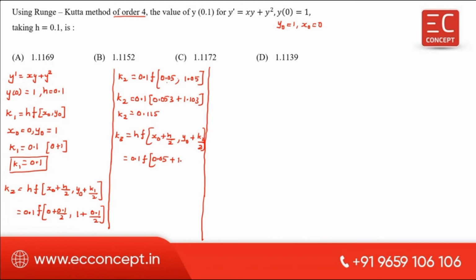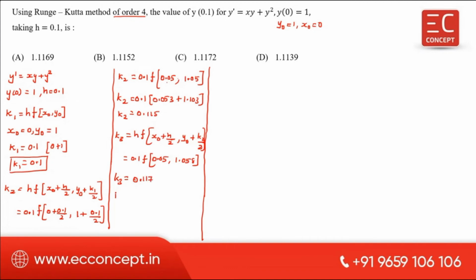If you simplify this, all values you know, 1.058. So x comma y, therefore k3 is equal to 0.1 into, if you substitute here, after simplification you will get k3 is equal to 0.117.